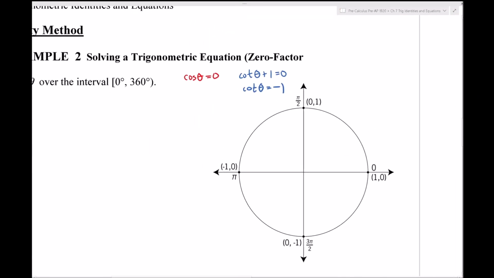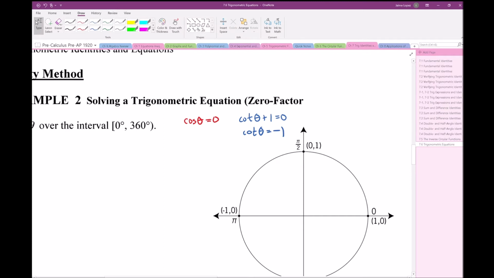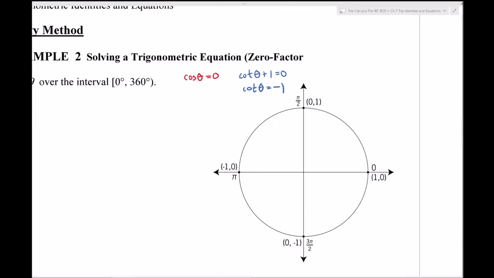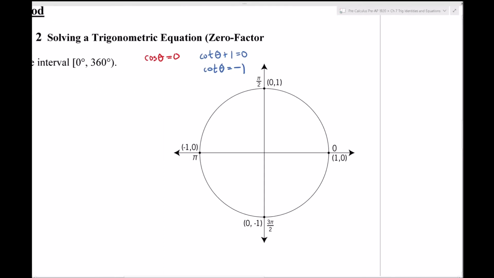Okay. So in red, we'll start with the cosine first. Cosine theta is equal to 0. And if you remember, cosine is the x-coordinate. So we want all values theta that make the x-coordinate equal to 0. So that would be here and here, if you notice what those coordinates look like, 0, 1, and 0, negative 1.